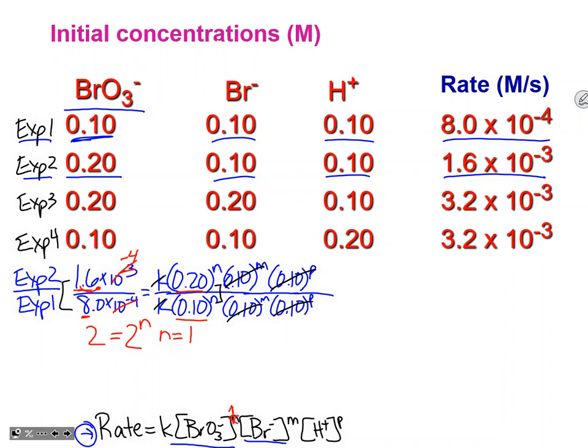So now let's look at bromide. We'll do bromide in green. We need to pick 2 experiments for bromide where only bromide is changing, not the hydrogen, not the bromate. So what 2 experiments are where the bromide is changing, but the other 2 are remaining the same?